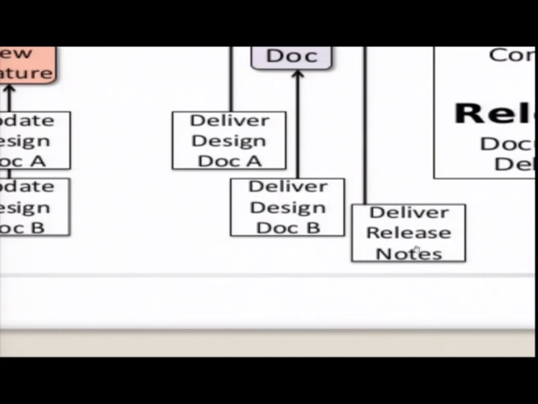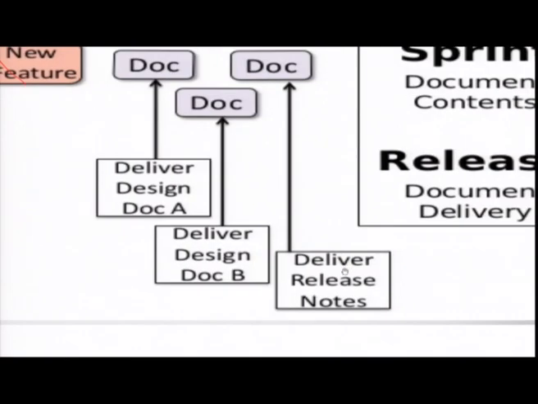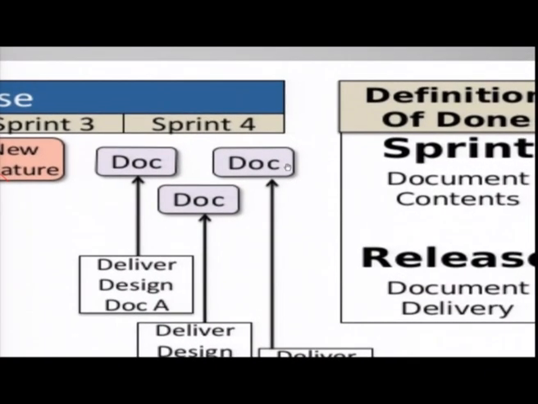But the release notes will exclusively specify, when you are going to release a new feature, what that new feature will do, what those new small releases will do. Those things will be given in the release notes, so that is delivered as a separate documentation.